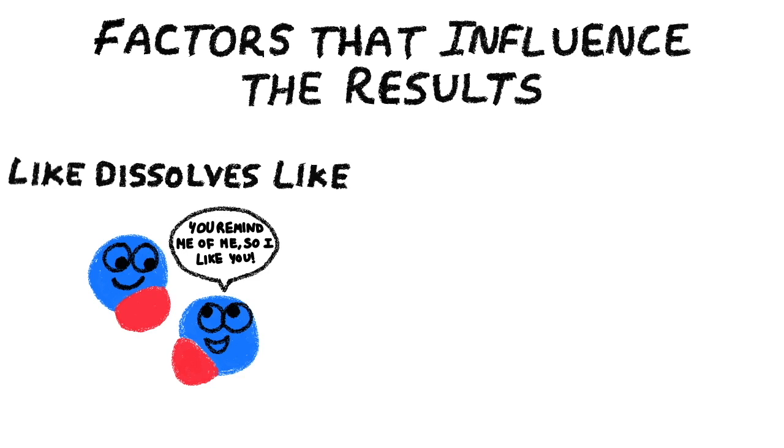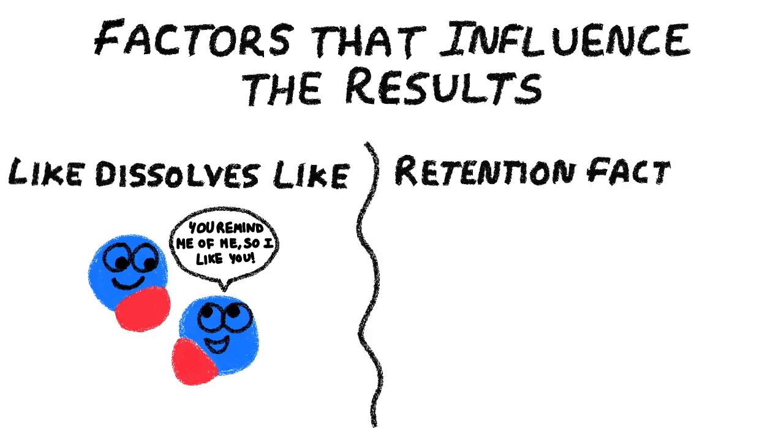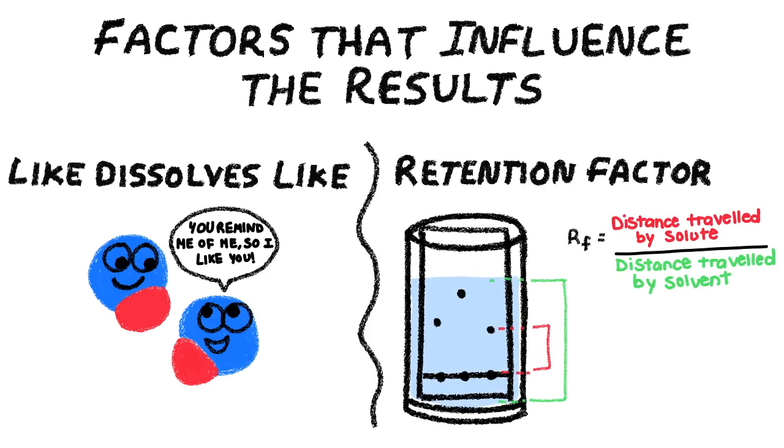Now, how do we actually go about identifying the compounds? Retention factors. That probably doesn't make sense, nor does it sound exciting, but it is a crucial component to TLC. The retention factor, or RF, is used to quantify the distance that each compound in a mixture travels.